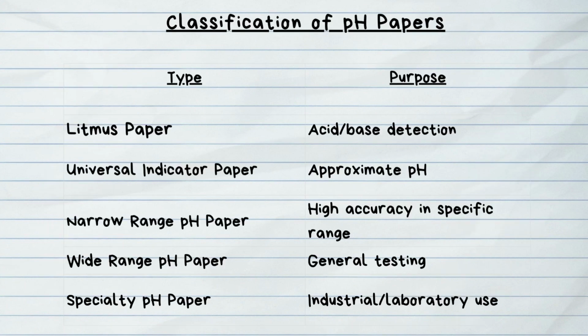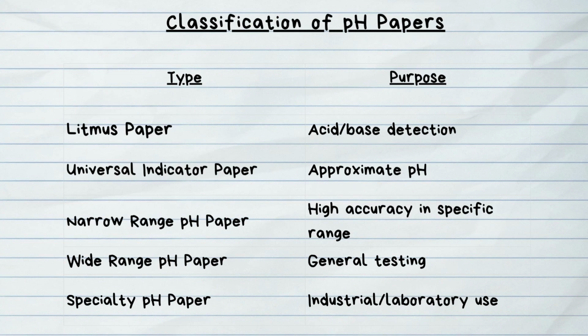Now that we understand how pH paper works, let's explore the different types of pH paper. Did you know? Not all pH papers are the same. Different pH papers are used for different purposes. There are mainly 5 important types of pH paper. Number 1, litmus paper, used to quickly check whether something is acidic or basic. Number 2, universal indicator paper, used to find an approximate pH value.